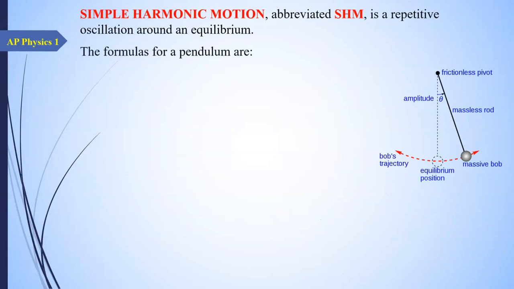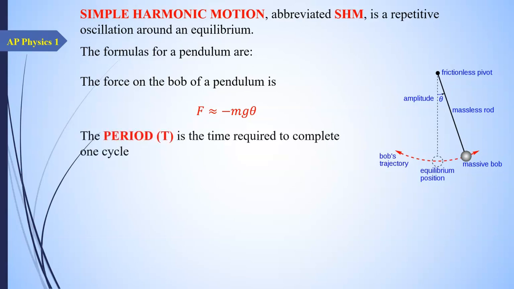Alright, the formulas for a pendulum are: the force on the bob of the pendulum is approximately, but close enough that you can use this, negative the mass times gravitational acceleration times the angle you're pulling the bob back to one side.